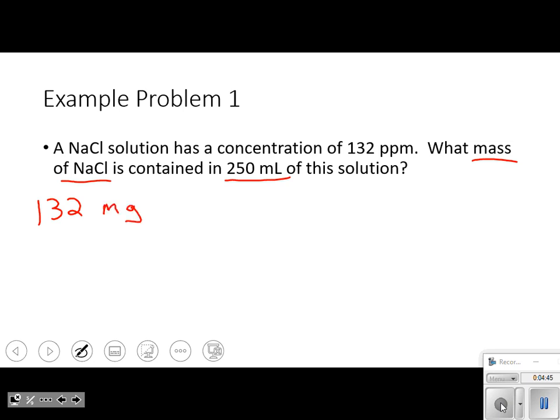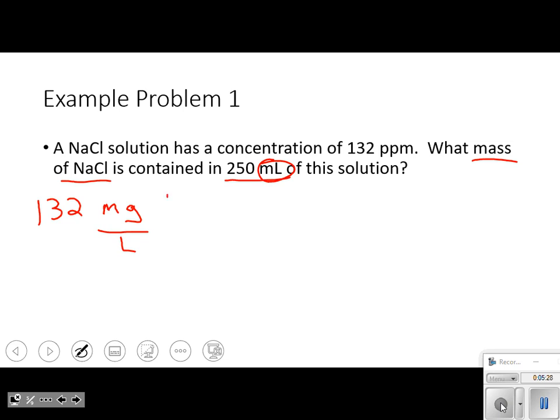I'm changing it to milligrams per liter, because that's what my chart told me to do. Now, once I have this in milligrams per liter, I'm trying to figure out the mass of the NaCl in this solution. Well, I have to do some conversions because I don't want this in milligrams, I want this in grams. I don't want this in liters, I want this in milliliters. So I've got to convert this into grams and milliliters.